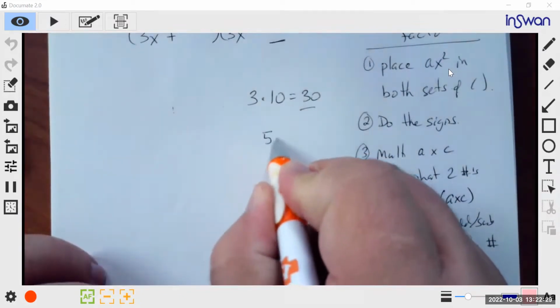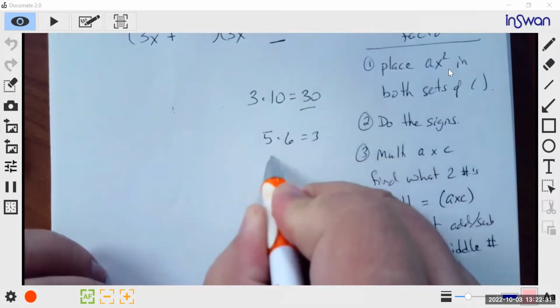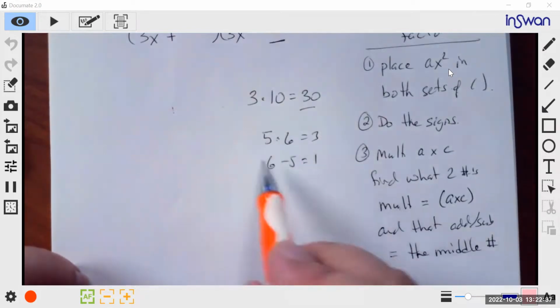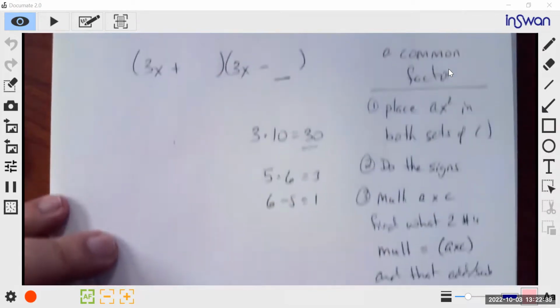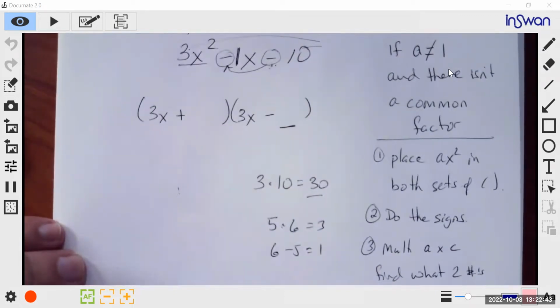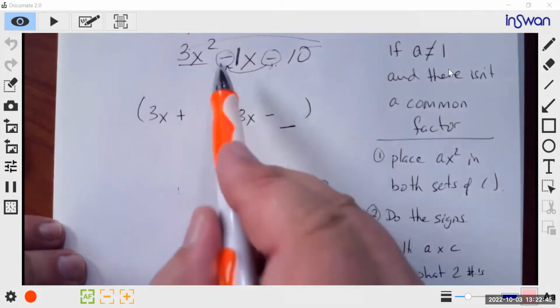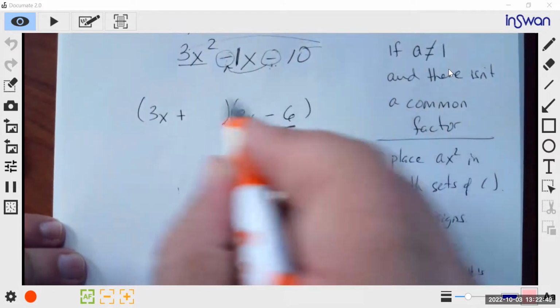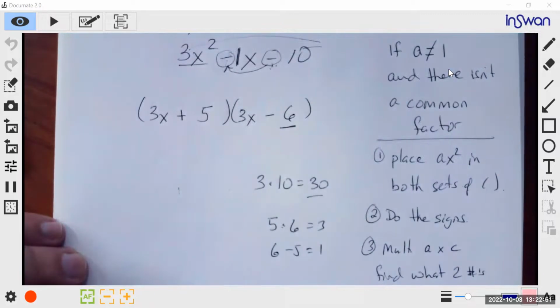So it's 5 times 6 is 30. 6 minus 5 is 1. So 5 and 6 are the numbers. Who gets the plus? Who gets the minus? Since the bigger number is negative, that's the first sign. The 6 goes here. The 5 goes there.